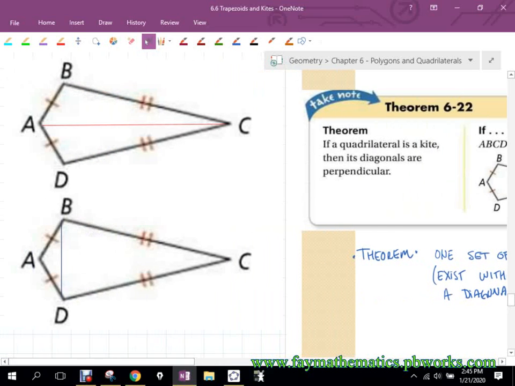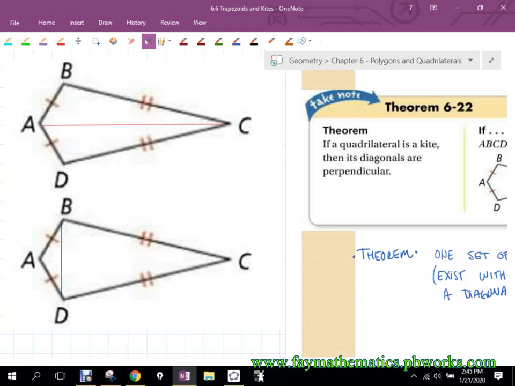Okay. When you take your diagonals and look at them individually, like I've got them put together here in these two kites, look at the bottom set. Would you agree that in that bottom set, they are both isosceles triangles?